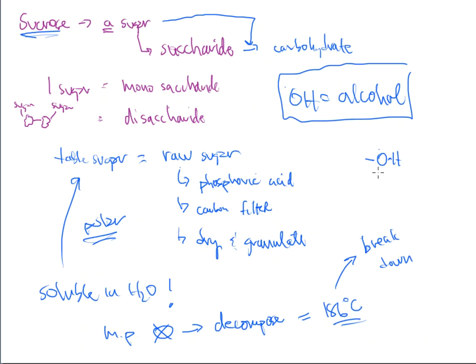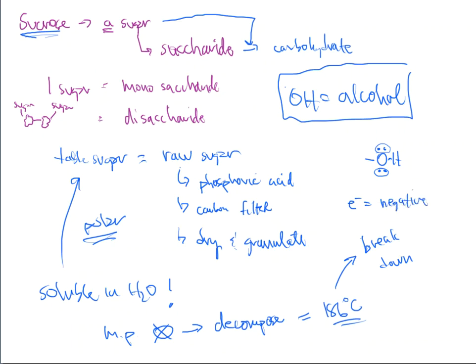What it does want, though, is to fulfill the octet like all the other atoms do, most of them at least. And for that reason, it has to have 2 sets of electrons on that OH group. So this set of electrons and this set of electrons create a very negative environment because remember, electrons are negative, right?